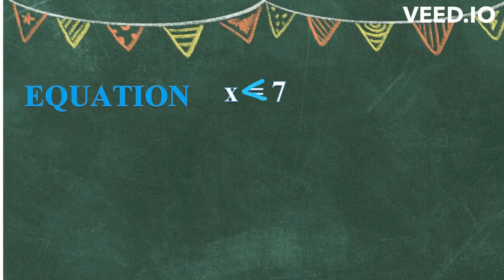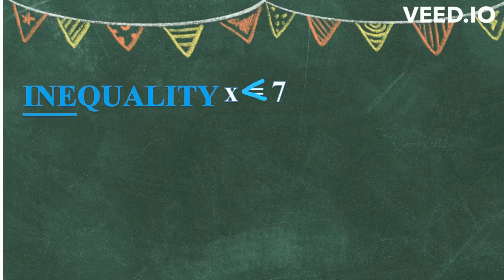But if we say x is less than 7, this is not an equation. This is an inequality where x is not equal to 7.